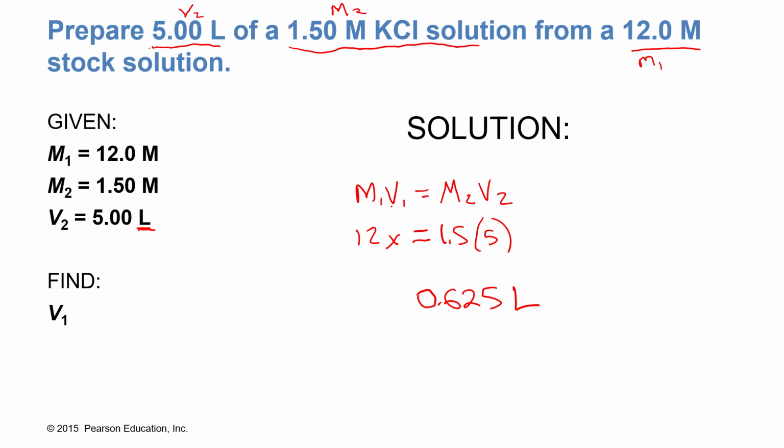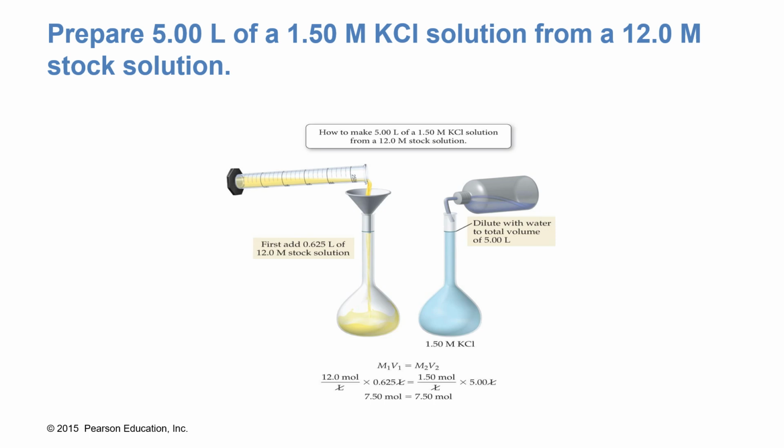So if we use milliliters over here, we have to have an answer of milliliters over here, or vice versa. If we used liters, we would have to have liters over here. So as long as the units match, our volume units can be whatever. So in this instance, we started with liters, so we're going to end with liters. And this goes through the example of that.